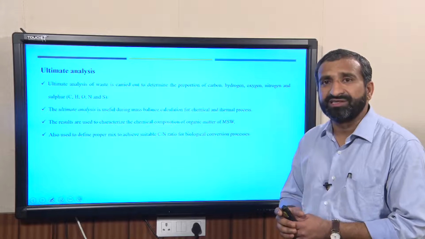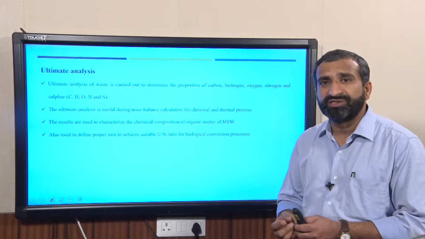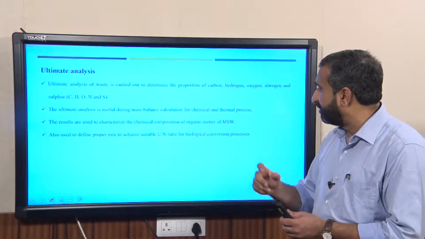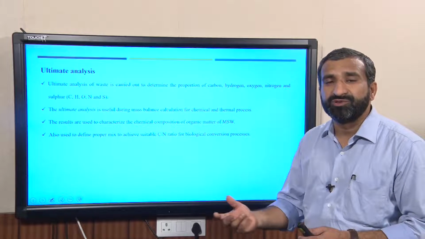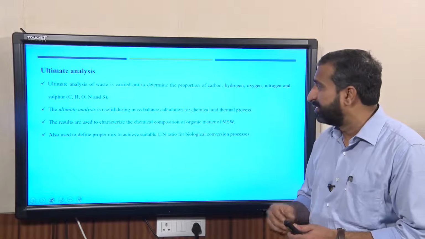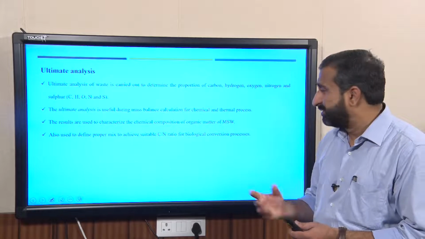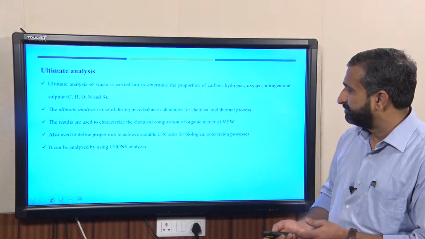The nitrogen concentration is very good to know the biodegradability of the waste. If you want to design a composting plant or anaerobic digestion plant, knowing the carbon to nitrogen ratio is very good for designing such biological treatment facilities.